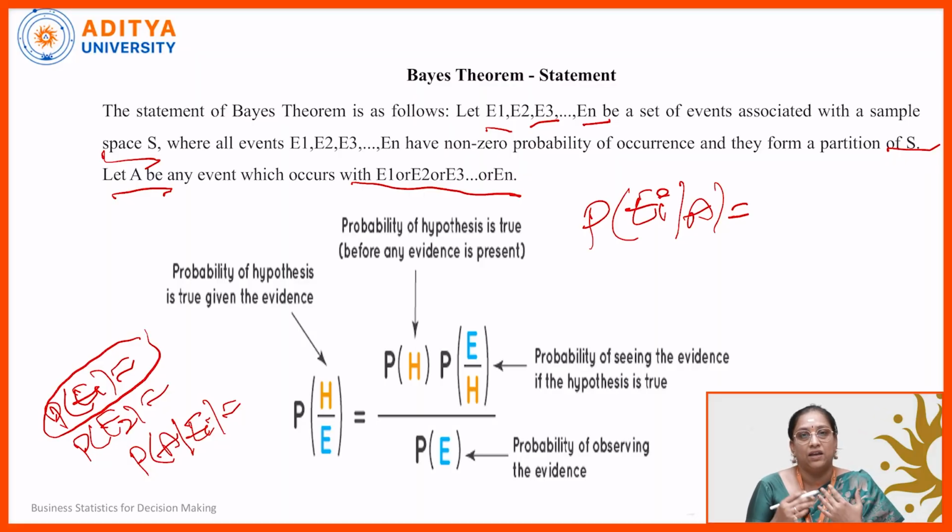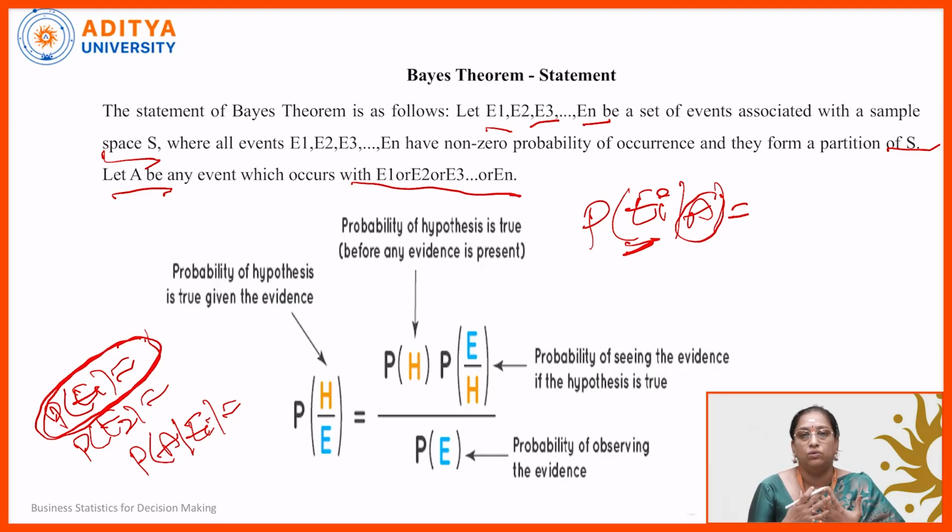There is an event A that has already occurred, and what is the probability for the occurrence of Ei given that A has already occurred? So, a new evidence we add here is that A has already occurred, and we are going to revise this prior probability, P of E1, or in general terms P of Ei.